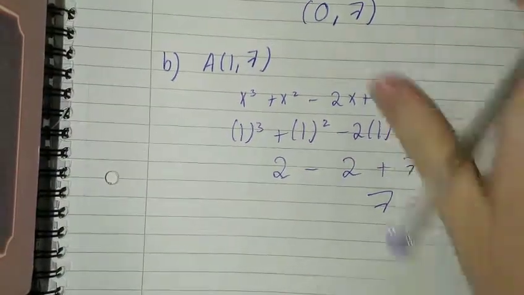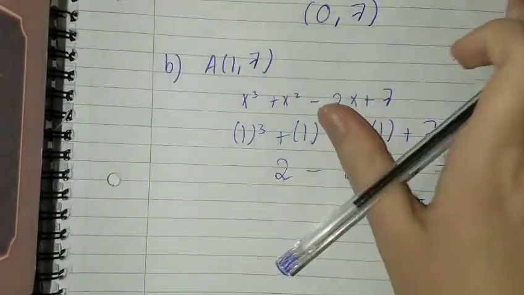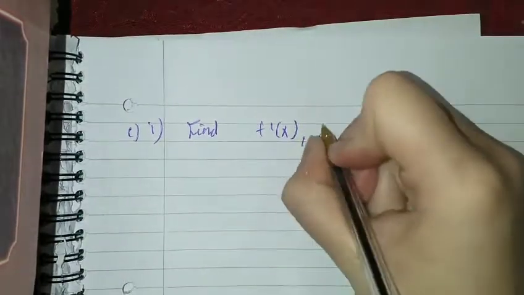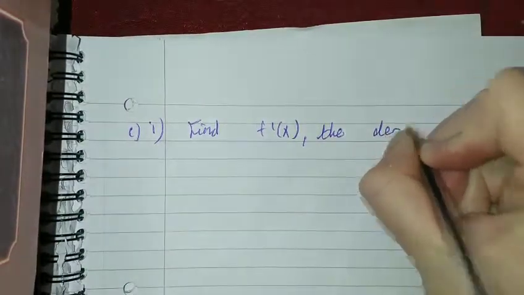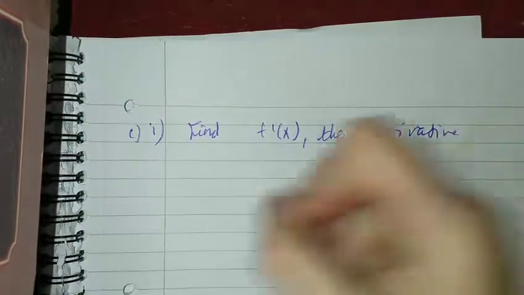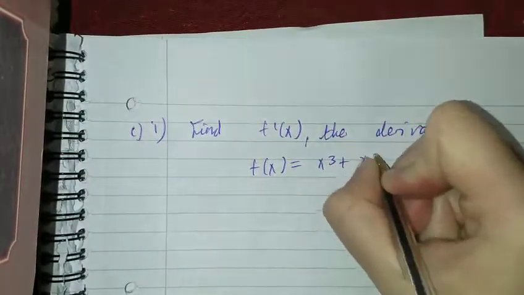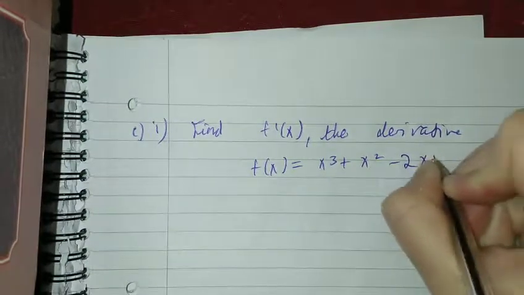And then we are asked to find f dash of x, which is the derivative. So our equation is f of x equals x cubed plus x squared minus 2x plus 7.